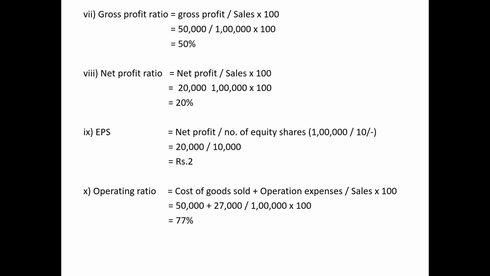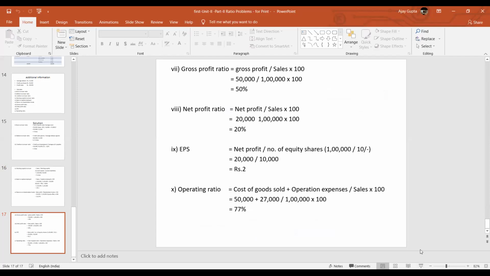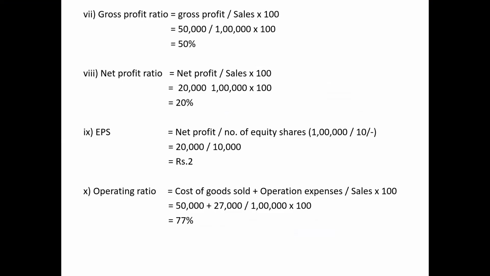How many equity shares do you get? Yes, you get 10,000 equity shares, and you divide net profit 20,000 by it, you get rupees 2 as earning per share to each equity shareholder. The last ratio in this numerical is operating ratio.